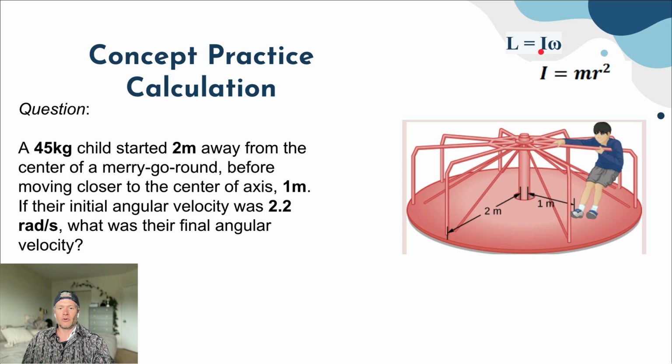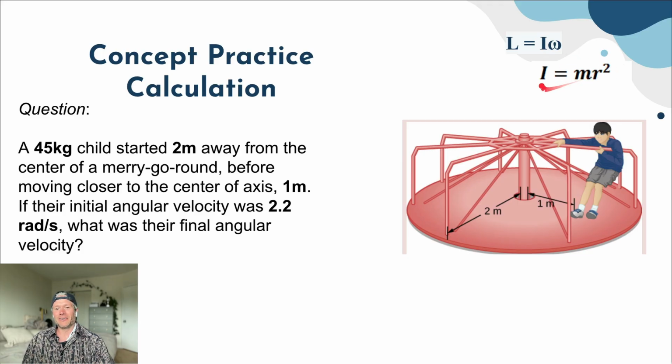Great. Do I know this moment of inertia? It's not specifically given to me in kilogram meters squared per second, but I do have kilogram meters squared. Okay, so I don't have necessarily the rate, the per second part.